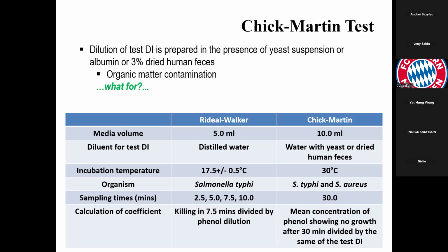There are some classes of chemicals that are extremely efficient. They don't care about any contamination. They will kill bacteria even in a heavily contaminated environment. So those are really nasty and really good disinfectants.